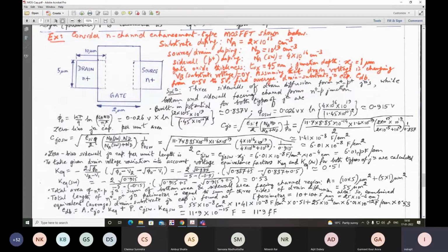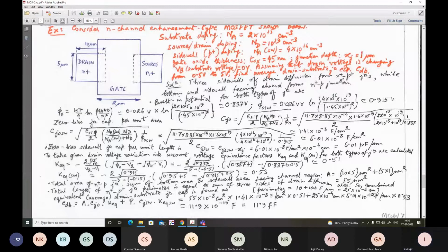Okay. So then we calculate separately the voltage equivalence factor for the two types of junction. One is minus 2 into root over phi 0 by V2 minus V1. So 0.51 for the two PN plus junctions, as you remember. And for the three P plus N plus junctions, the value of voltage equivalence factor is a bit higher, that is 0.53.